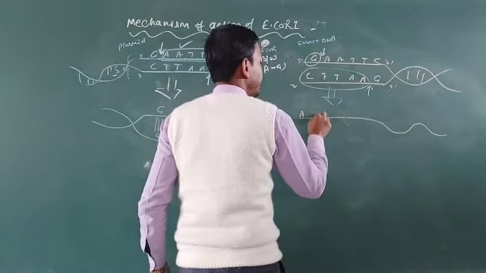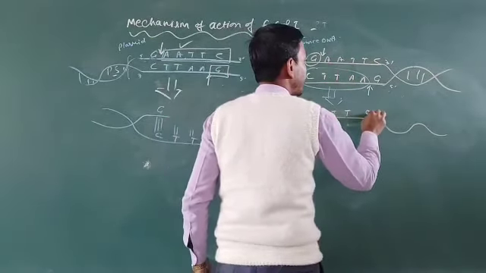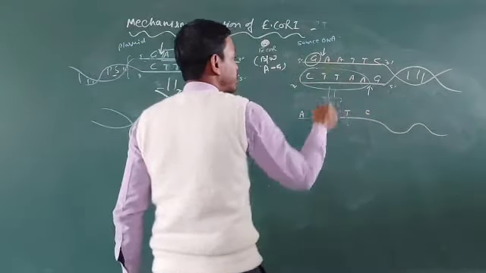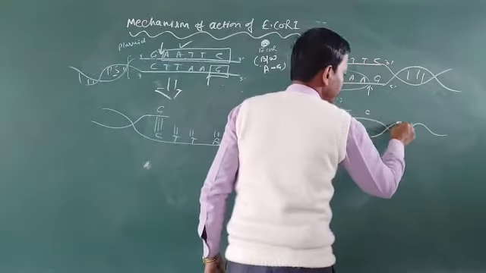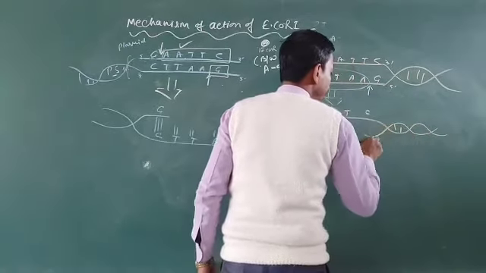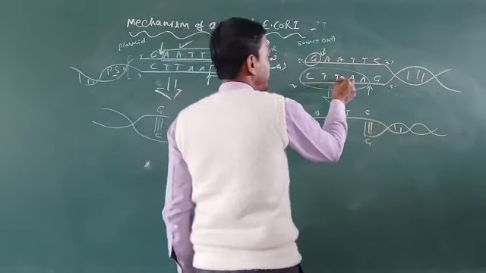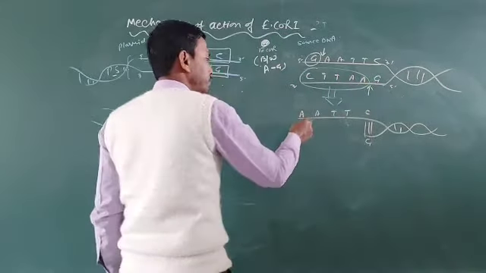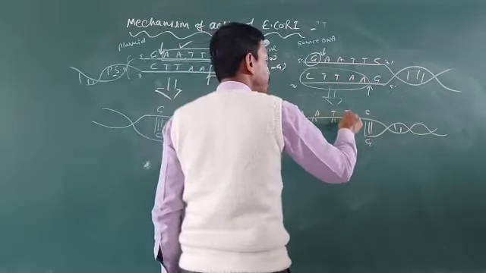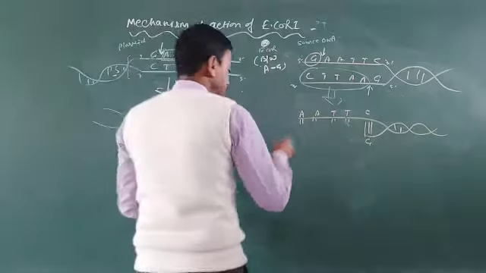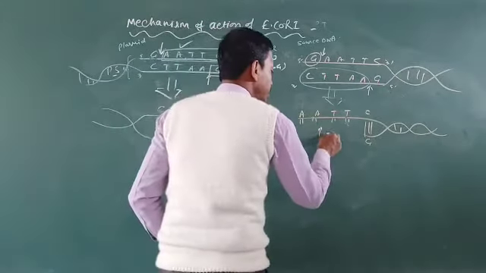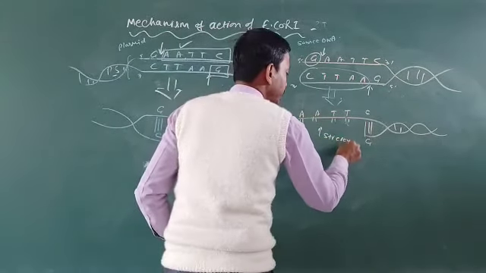Listen, adenine, thymine, and cytosine will remain in this strand, and guanine having triple bond will remain on this strand, while cytosine, thymine, adenine will get eliminated, and this will also have the double bond. So this is the sticky end.